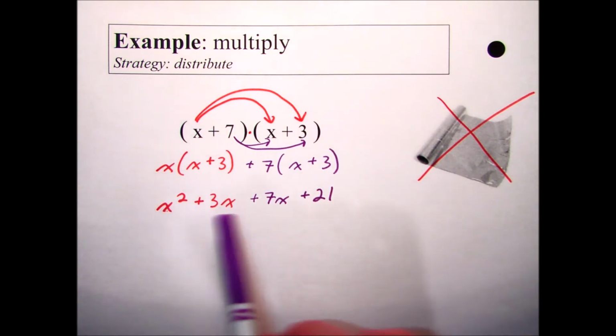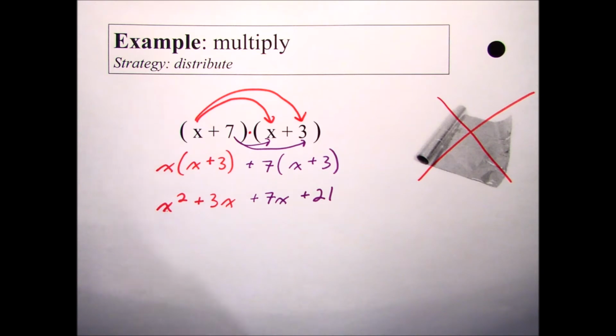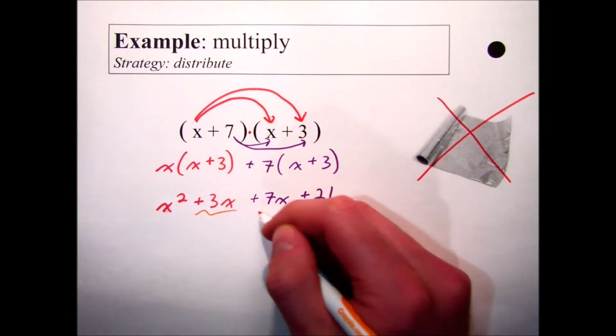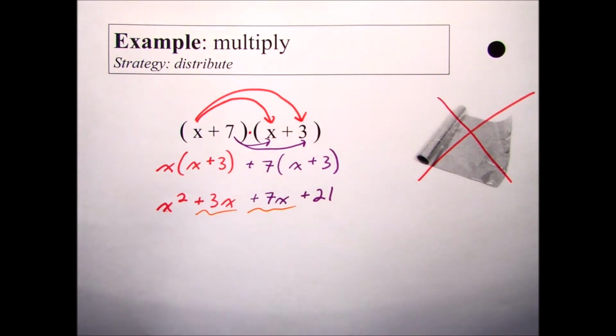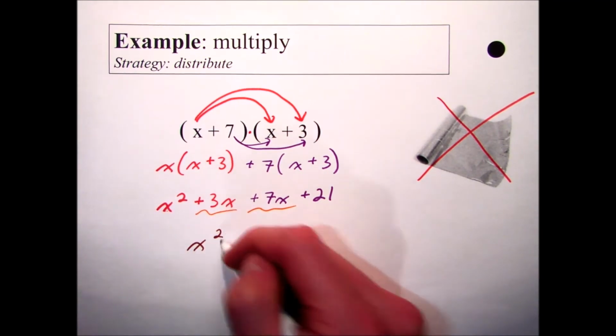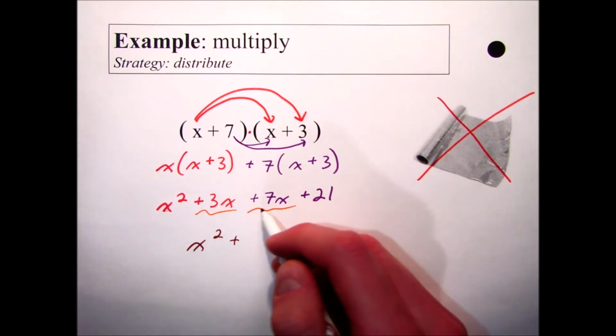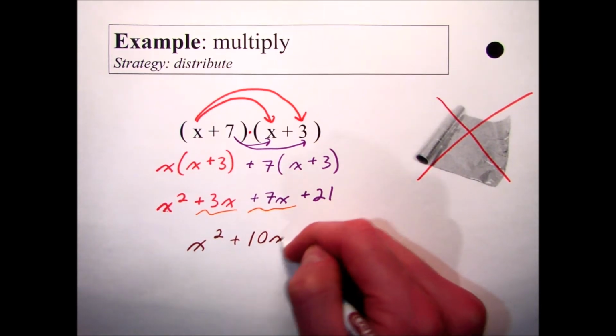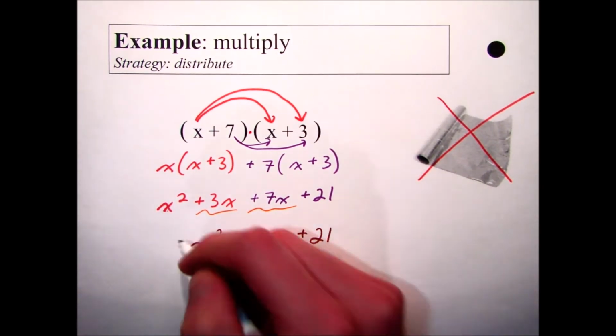Looking through this, we see in the middle we have two like terms, which we can combine. And our final answer is x squared plus 3x plus 7x is 10x plus 21.